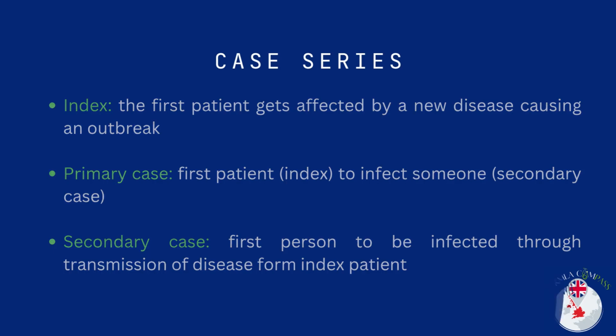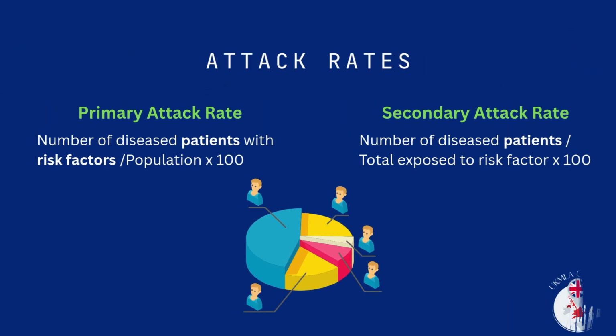Lastly, we have a primary attack rate, in which we measure the diseased people who have been exposed to a risk factor over the whole population multiplied by 100. So these are diseased people who have been exposed to a risk factor over the whole population times 100.